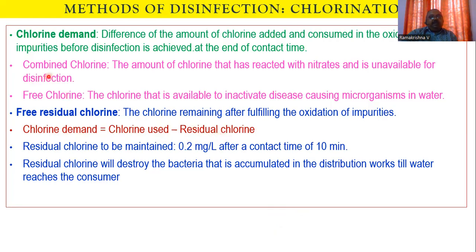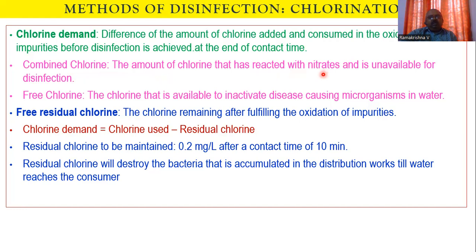And we have some other terminology here. Combined chlorine is the amount of chlorine that has reacted with the nitrates. Because in the water, there are a number of impurities: inorganic impurities, organic impurities, and nitrates are also present. Chlorine reacts with all these and converts into corresponding chlorides.